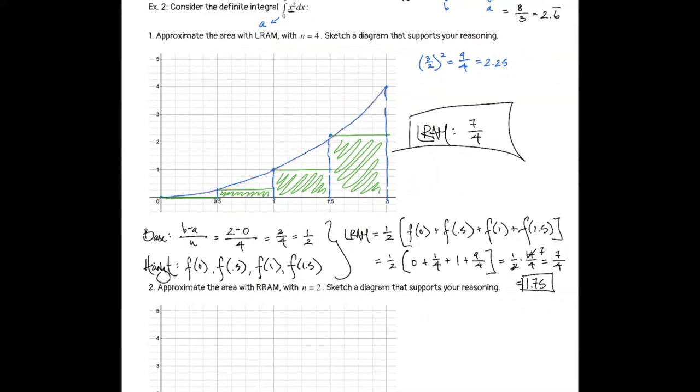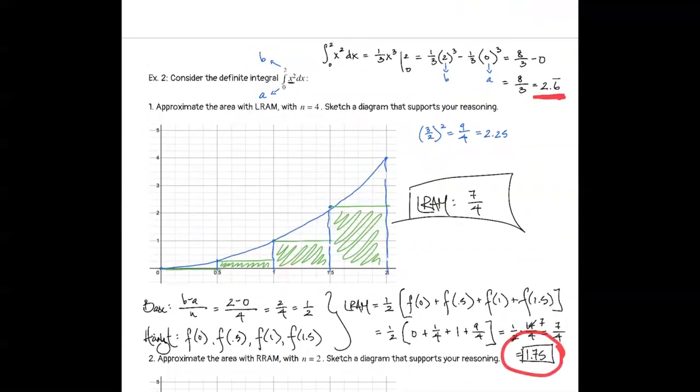Yeah, it's going to be an overestimate, which means that at the end, when we get a number, it should be bigger than 2.6. So that's sort of a clue how we know we're going to be right when we get a number that's bigger than 2.6.